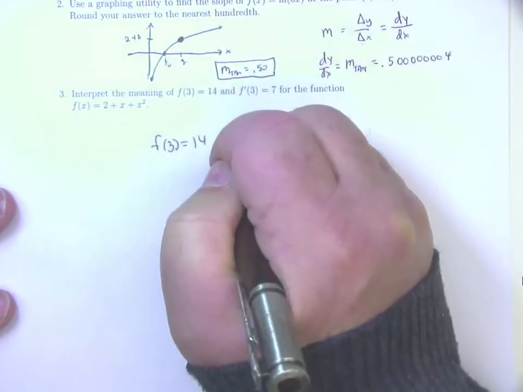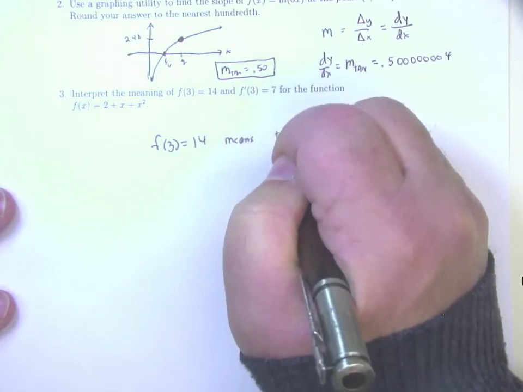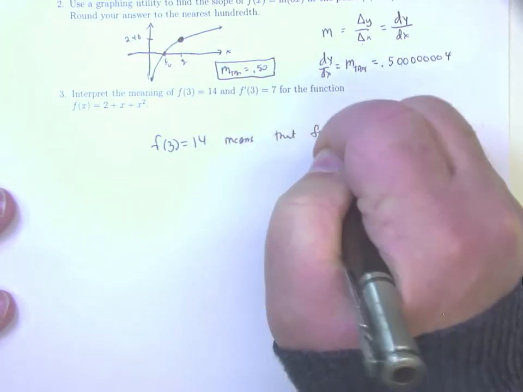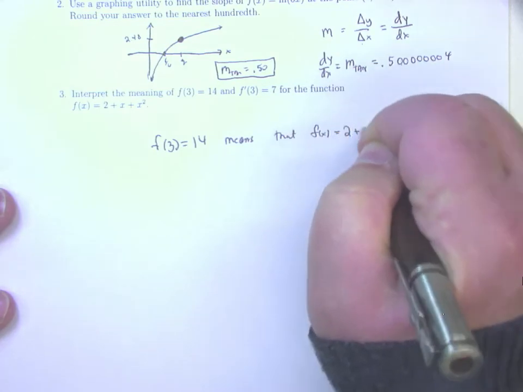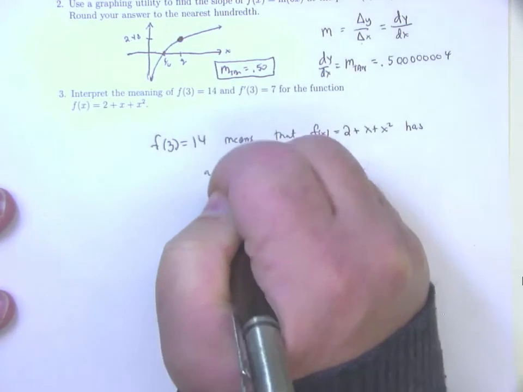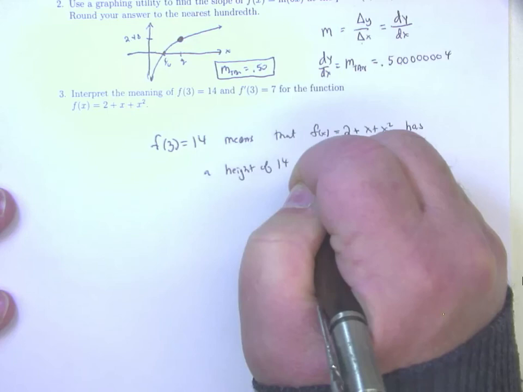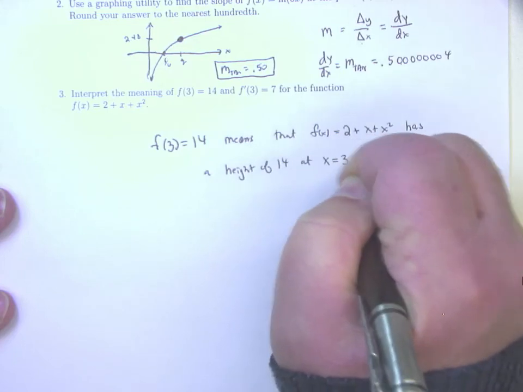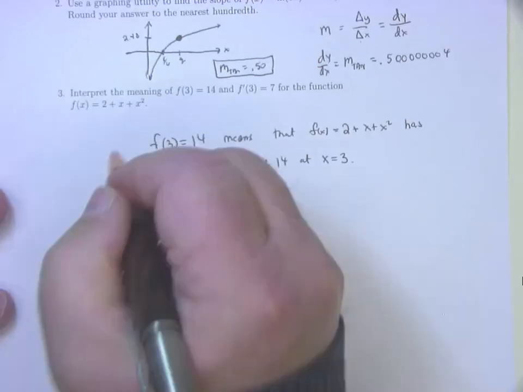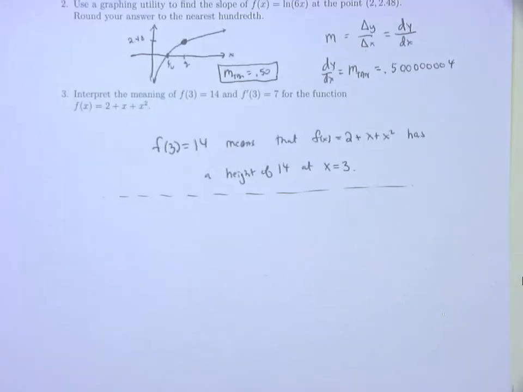It means that f of x equals 2 plus x squared has a height of 14 at x equals 3. One meaning and one meaning only. It's the height of the coordinate, the y coordinate. Height, in terms of graphing, is the y coordinate.